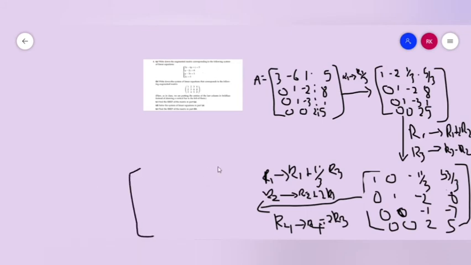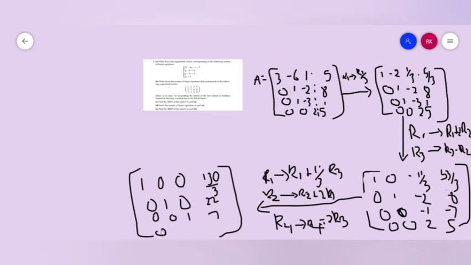So we can get a matrix like this: 1, 0, 0, 130 upon 3; 0, 1, 0, 22; 0, 0, 1, 7; 0, 0, 0, minus 9.